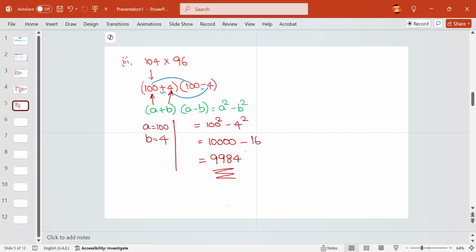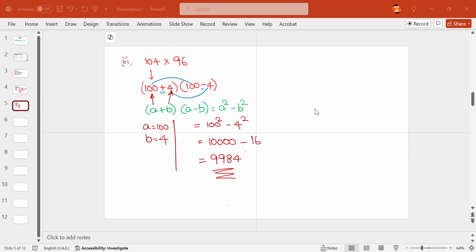So this is the problem, and let us see if we have any problems of the same kind in the next bit. Now what we have done till now, we have simplified the given expressions, right?